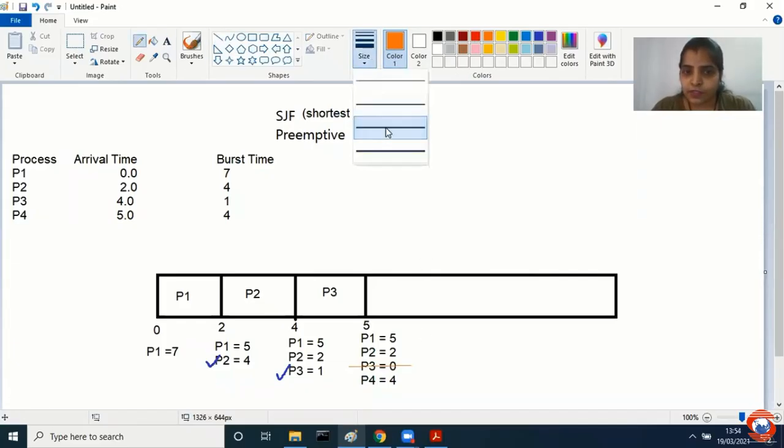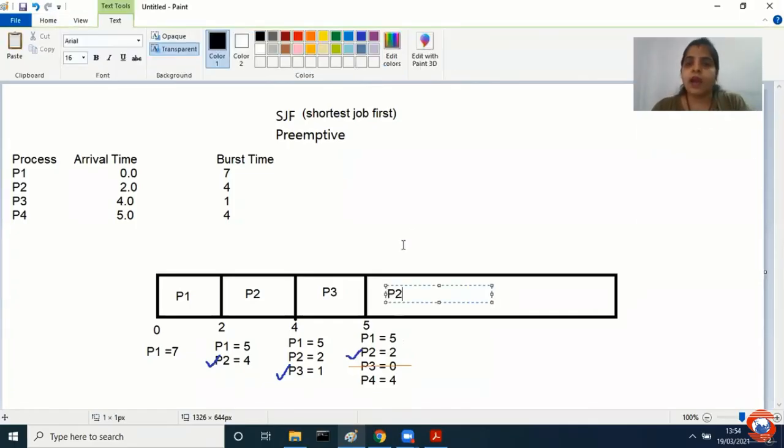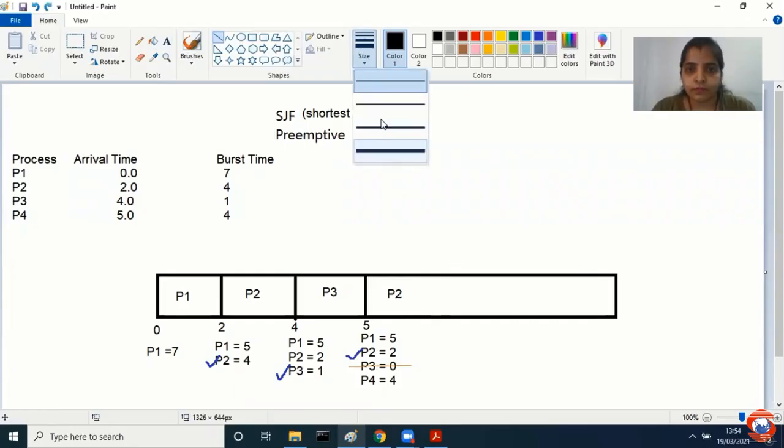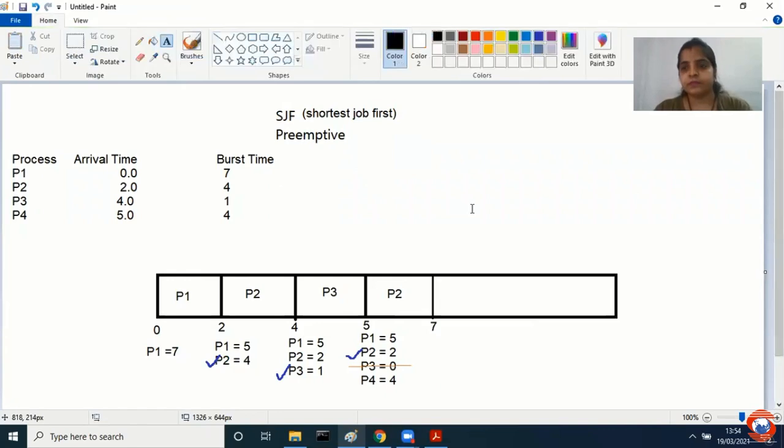Everyone. Next, if I'm saying P1, P2, P4, who is the shortest? P2 is the shortest. Next control will be given to whom? P2. Am I given the next arrival time? No. P2 will complete its operation. अब P2 को कंप्लीट करेगा कहां तक? उसको 2 ही बाकी है तो ये 7 रहेगा.